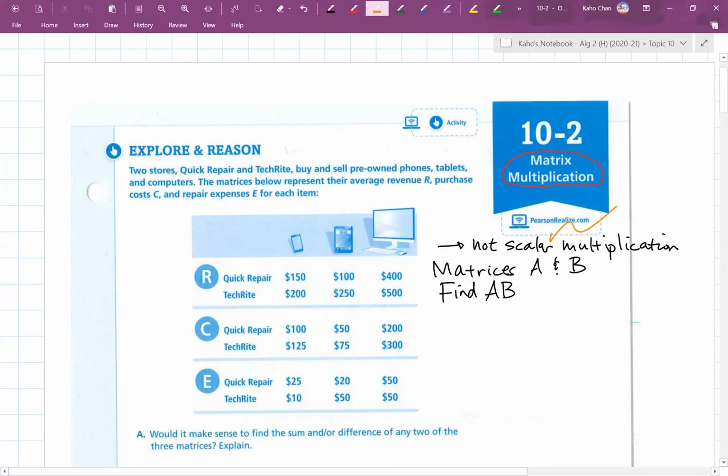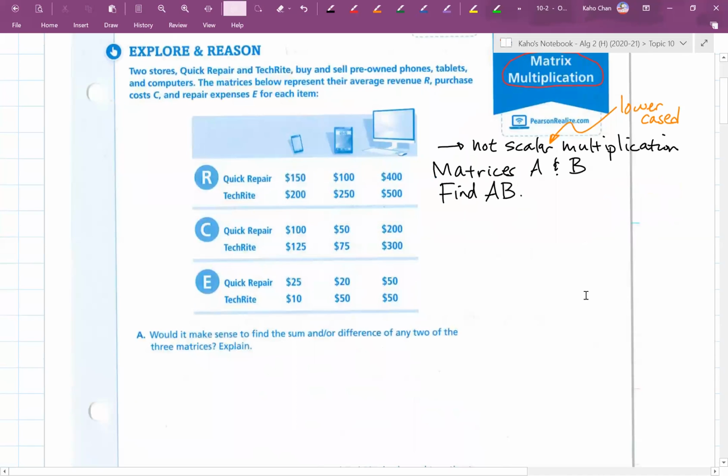Recall, scalar multiplication is lowercase. Here's the thing with matrix multiplication, which may not make sense until later on. You want to look at the dimensions.